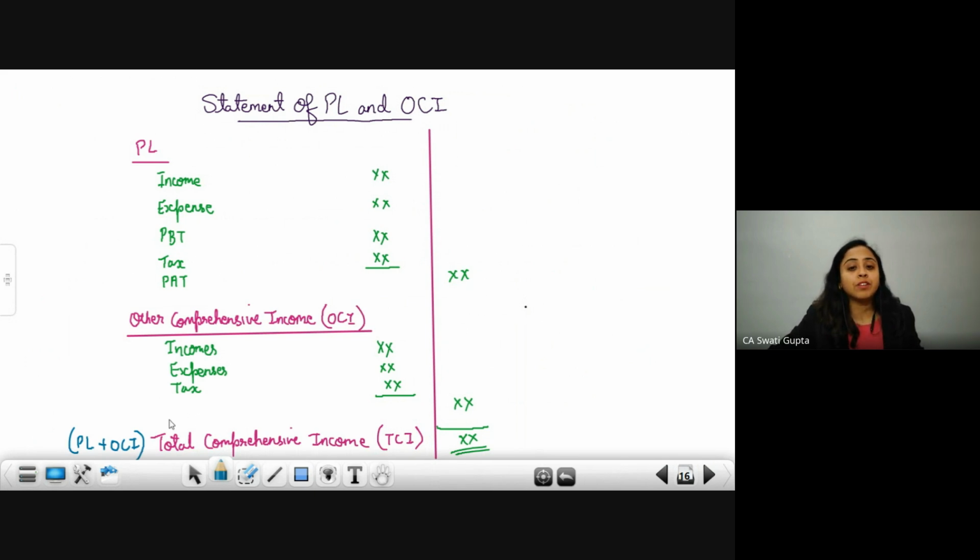So this statement of PL and OCI is the overall part of the financial statement. Kishan, it's not only related to PP. I'm just explaining this because ahead of this, we'll be using PL and OCI repeatedly, so you should know what PL is and what OCI is. Kishan, please confirm. Okay, good.